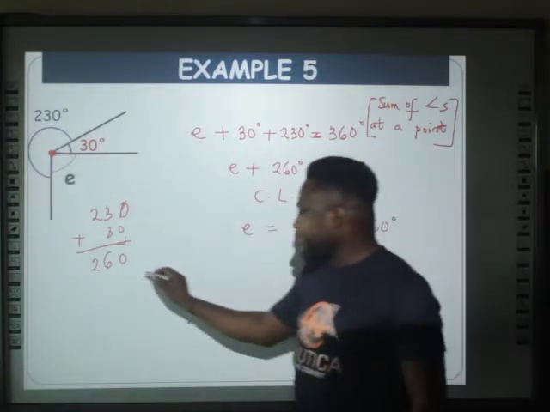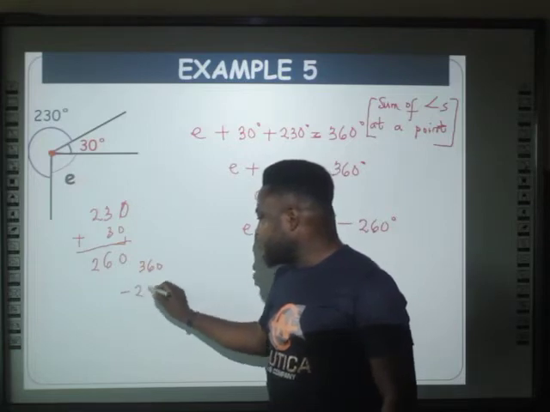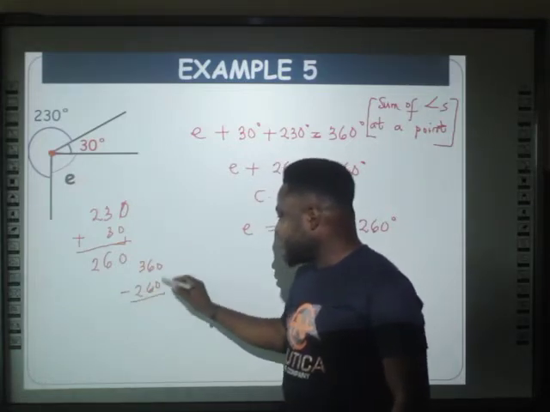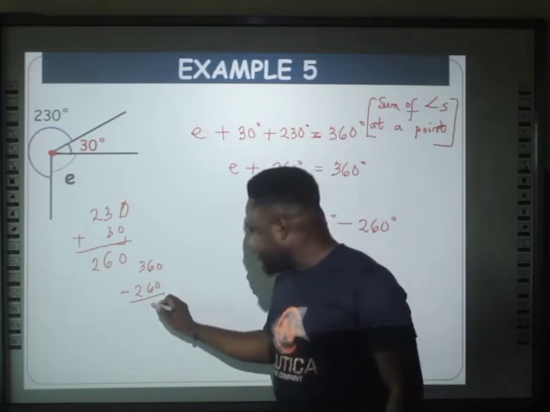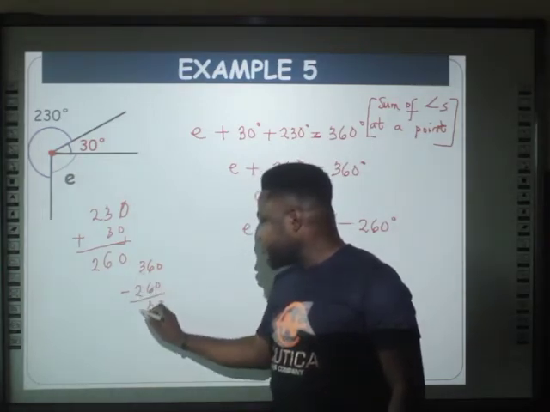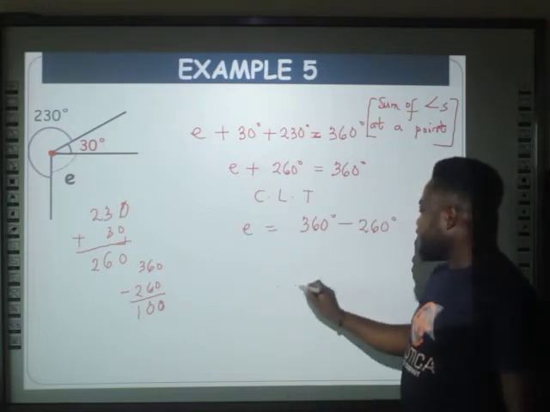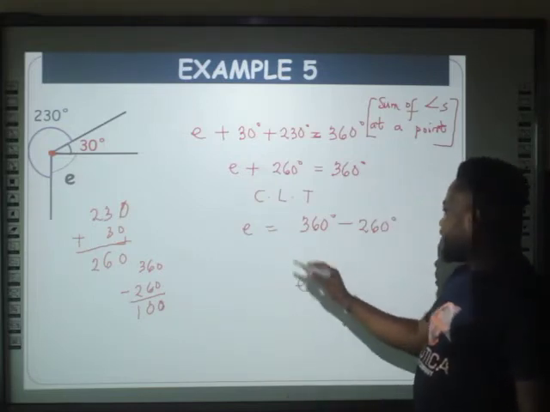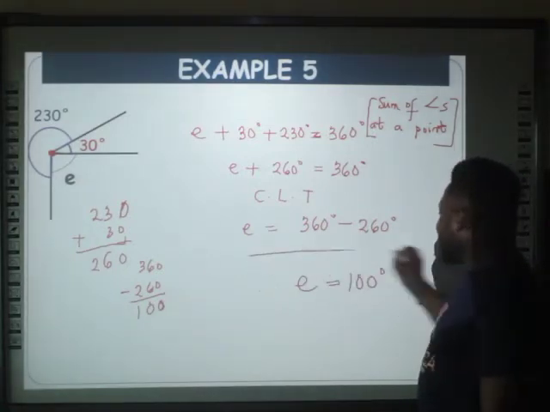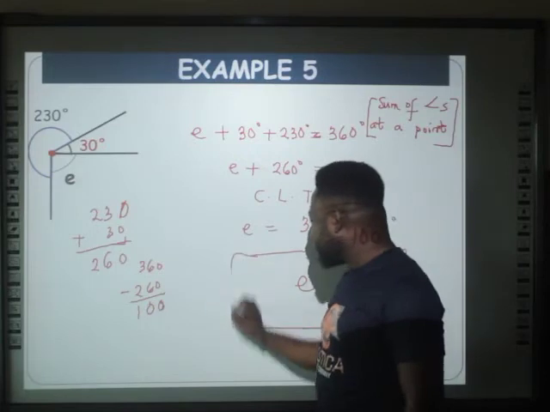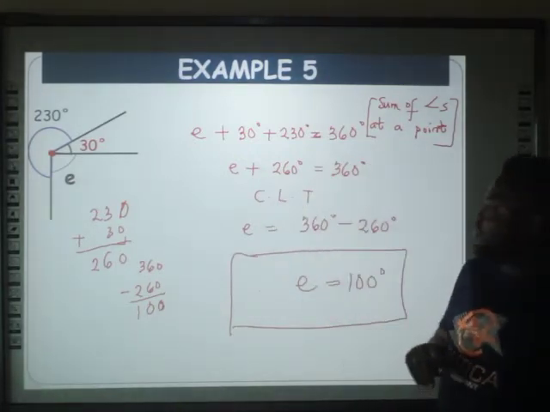By the time you subtract, 0 minus 0 gives 0, 6 minus 6 gives 0, 3 minus 2 gives 1. Therefore, our missing angle is 100 degrees. So that is the solution to this problem.